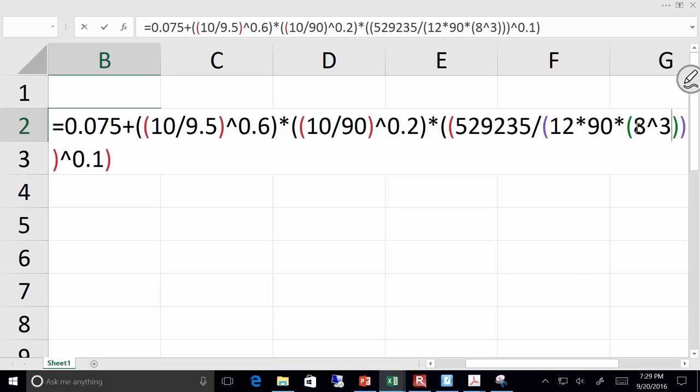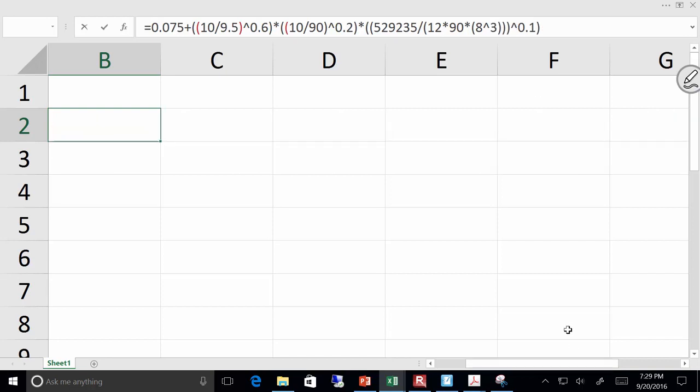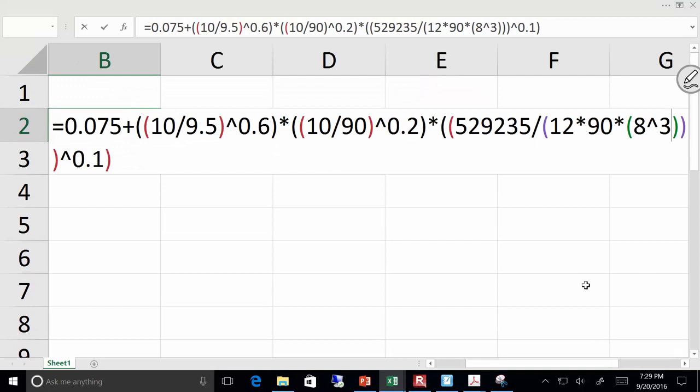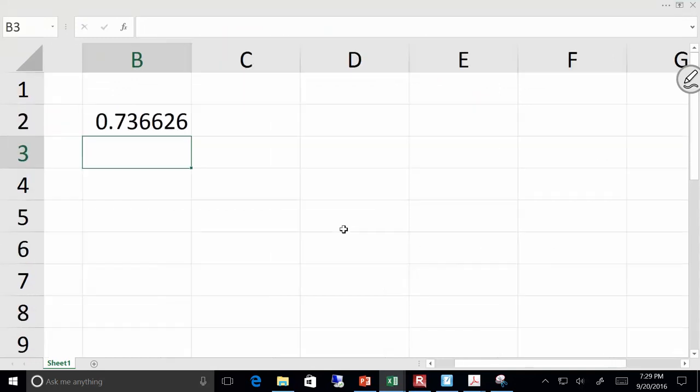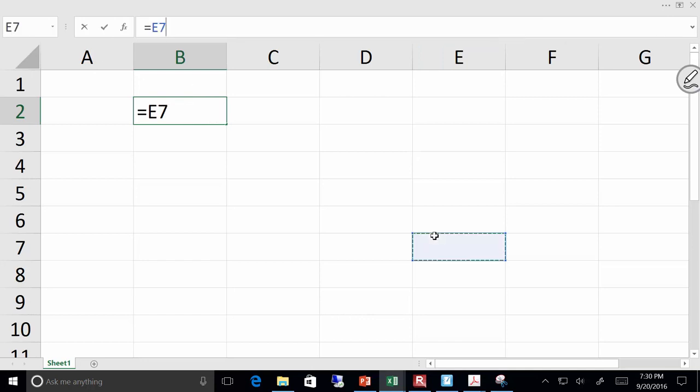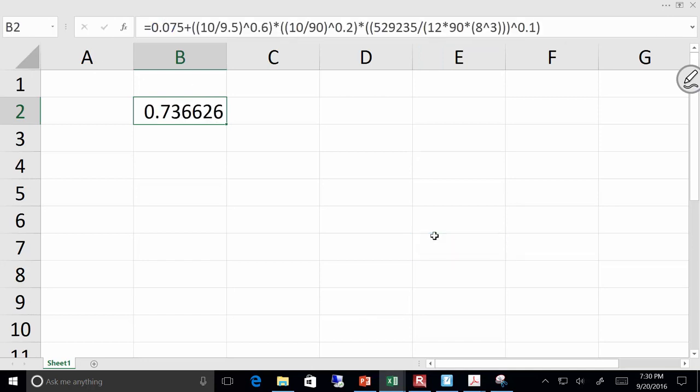Again, I just sort of go crazy with the parentheses just to be sure. So let me hit enter. And that's what I'm getting, 0.737. All right, and you see the formula up there. Everybody okay with that? All right, so make sure you're clear on how to do that stuff.